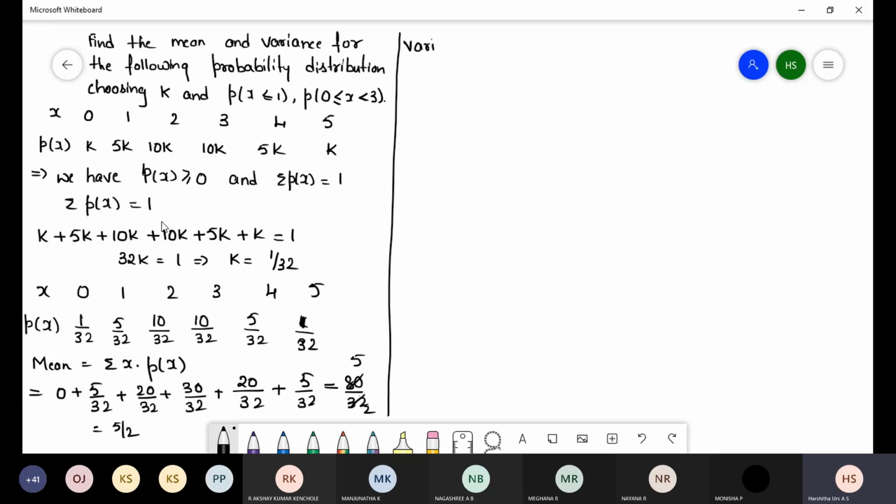Next comes variance. Variance is the sum of x minus mu whole square into P of x.